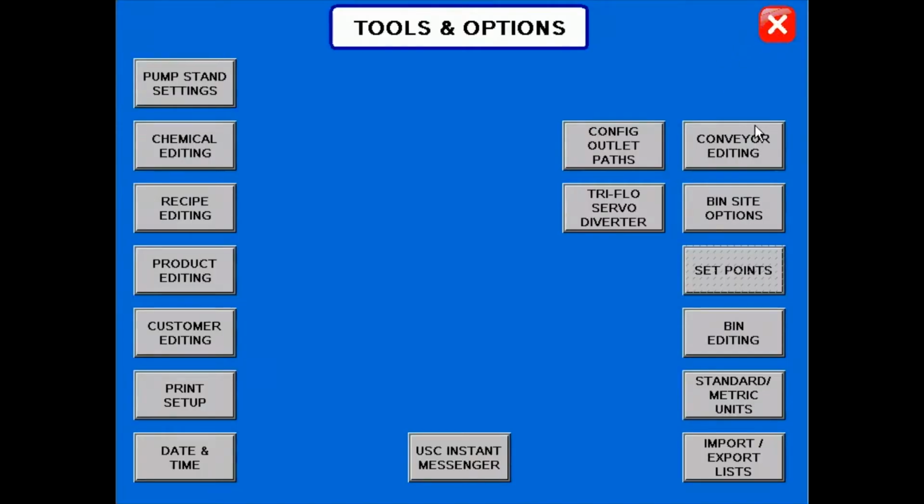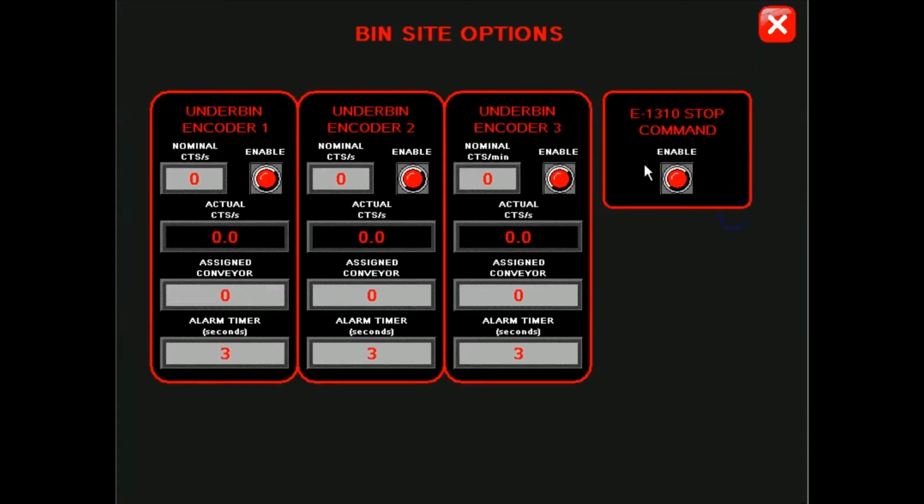The next thing we will be doing is I'll show you the bin site option screen. So if this site has our conveyors or our underbin conveyors, they will have encoders on them. Basically, once you have it wired up, you can enable it and tell it what conveyor it's assigned to.